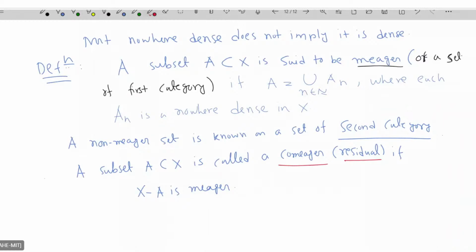Let's see an example. Let's consider R with the usual topology. Let X equal R with the usual topology. What about Q?